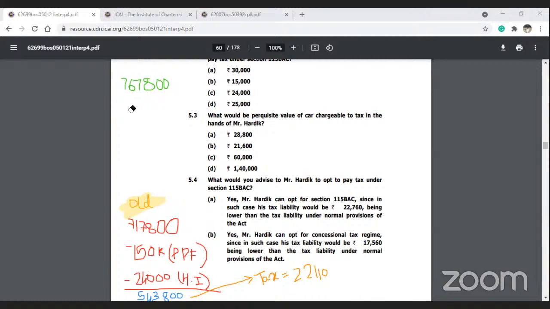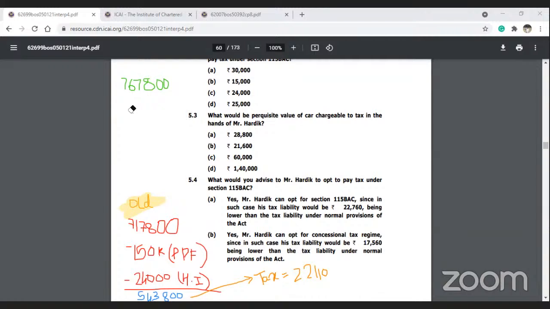See, 767,800 minus 7,50,000, you got 17,800. एक मिनट और रुकना, मैं वापस करती हूँ पूरा कैलकुलेशन. 17,800 into 15%, right? 2670. और फिर 2,50,000 पे 10%, 25,000, right? और फिर वापस 2,50,000 पे 5%. 4170, right?